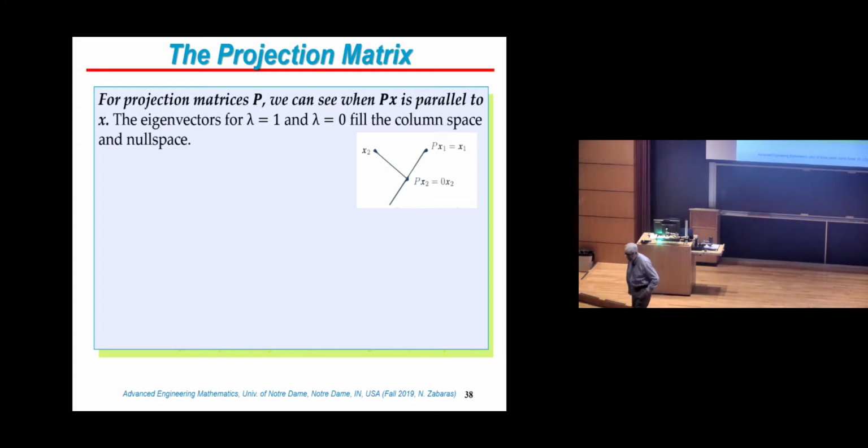Can you tell me what are the eigenvalues and eigenvectors of a projection matrix to a line? So if P projects to a line, what are the eigenvalues and eigenvectors of P? Take different vectors x, and try to see if there are any special orientations that are maintained when you operate with a projection matrix.